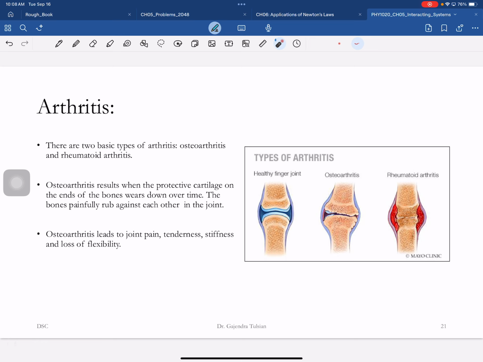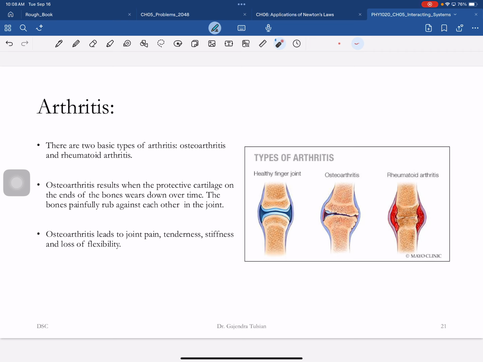Now we'll mention this. When you have arthritis, here's a normal knee that's filled with fluid, and here's cartilage around the bone. You don't want bone rubbing against bone. Your body is pretty amazing. This kind of shock absorption is built to last a lifetime.